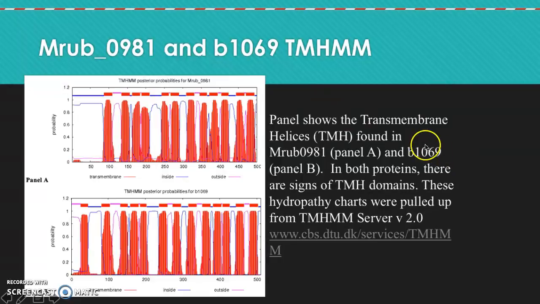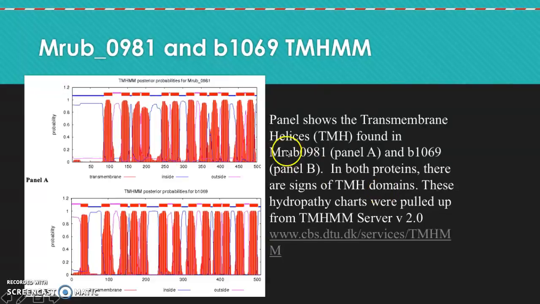Another important piece of evidence was the transmembrane helices hydropathy charts. These red peaks show that the protein weaves in and out of the membrane, which would make sense because we're dealing with peptidoglycan production, which means we're going to be dealing with proteins that are near the membrane of the cell.